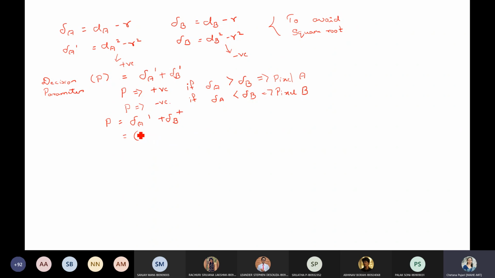And what is delta A naught plus delta B naught? It is dA square minus R square plus dB square minus R square.